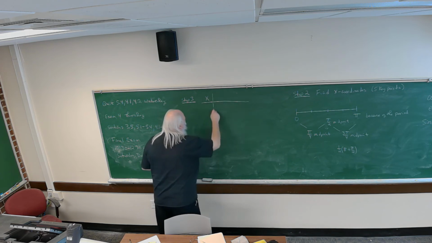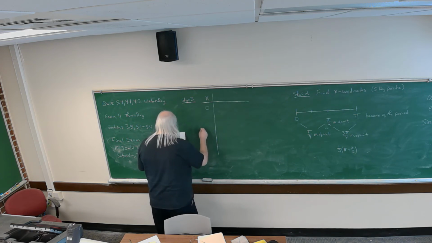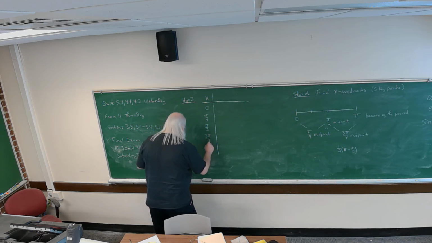So we know our x values: 0, pi over 4, pi over 2, 3 pi over 4, and pi.